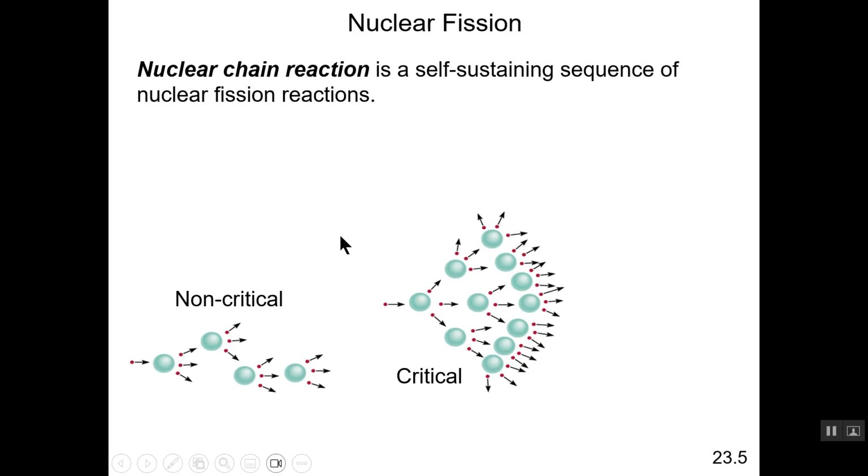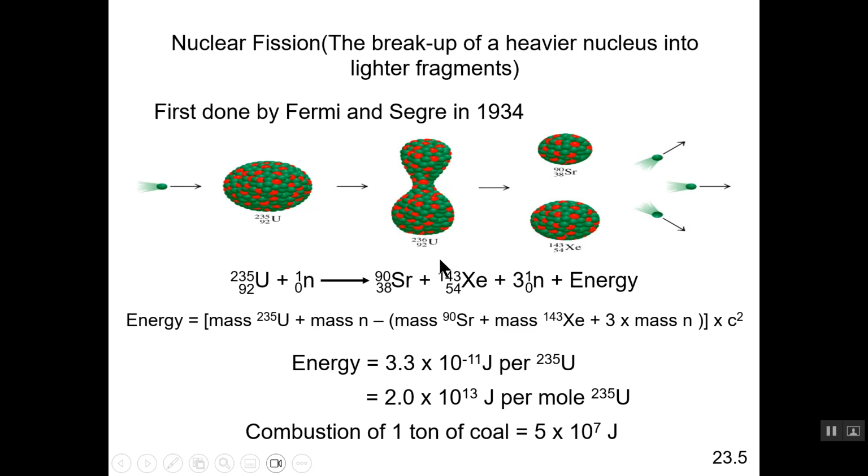What I showed you earlier is just one reaction involving one neutron with one nucleus of uranium-235, but you need more of this to happen. The key thing is that for every one neutron that hits and the reaction occurs, you're going to have 3 neutrons produced. So each of these neutrons can hit another uranium-235 nucleus, and the reaction will continue.